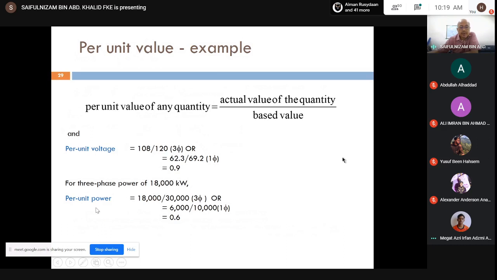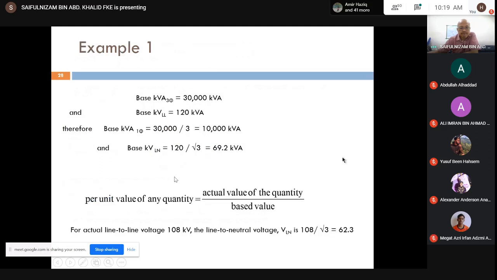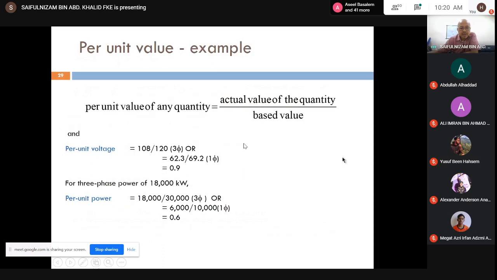How to find the per unit power? The actual divided by the base. So its base value, P base, equal to 30,000 kilowatt, which is similar for P, S, and Q. Divided by 30,000 kilowatt.